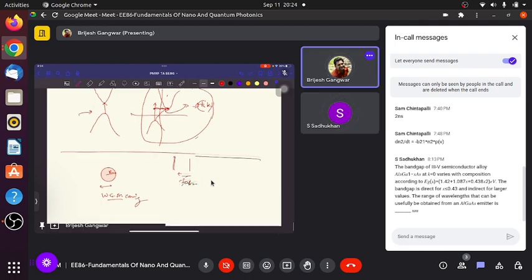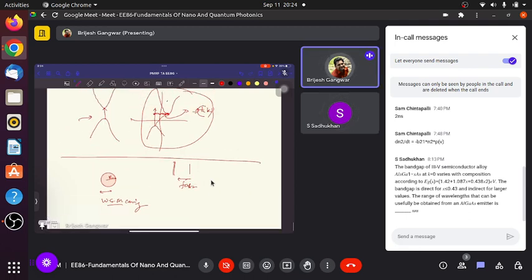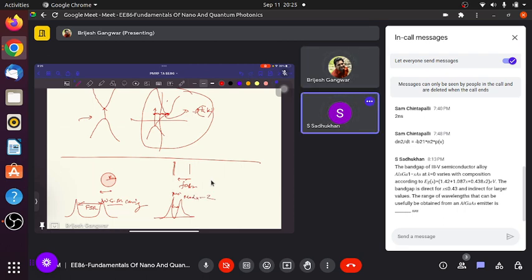So if your cavity is very small, so let's say you have something like this, this is the FSR. See, this is mode 1, and this is mode 2. Mode 2 will be there, but at a higher spectral spacing.